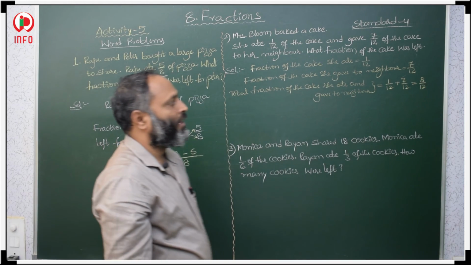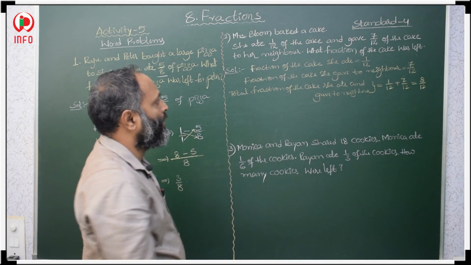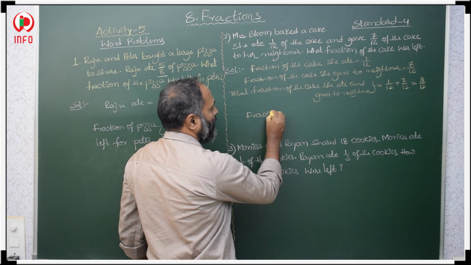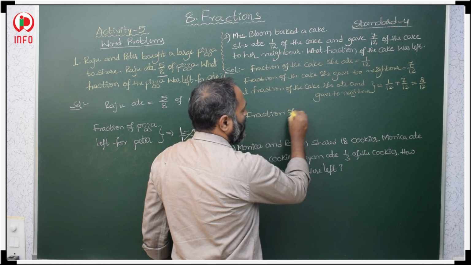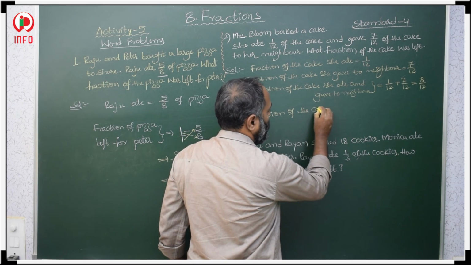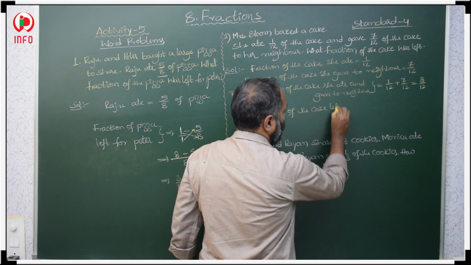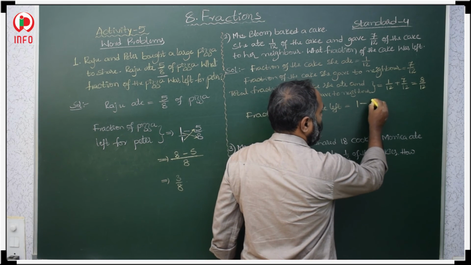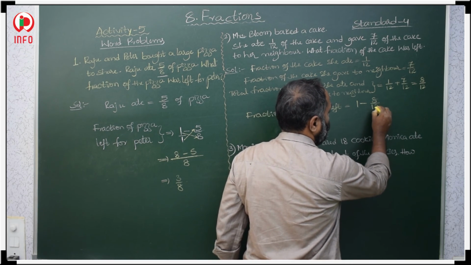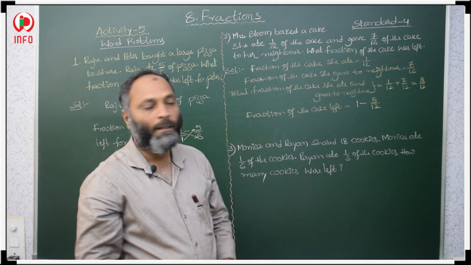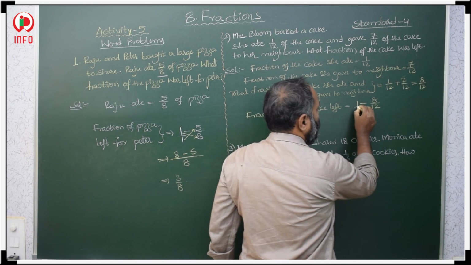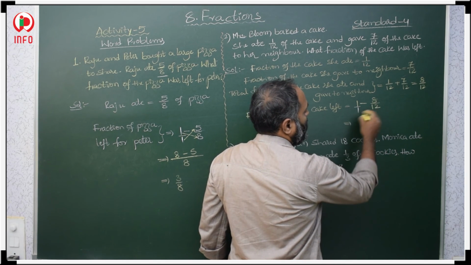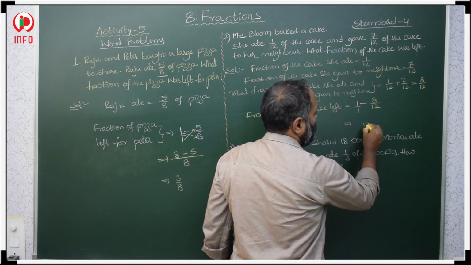Then the fraction of the cake left is equal to, from the total one cake, we have to subtract 8 by 12. There is no denominator, which means we take it as over 1. Now what to do? We multiply the denominators, 1 times 12 is 12.